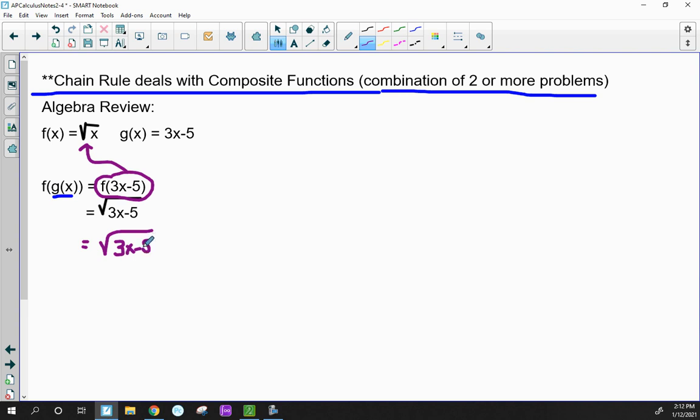Okay, so f of g of x. Also recall from Algebra 2 that there was another notation we used. Sometimes the ACT does this as well. So when you see that notation with a little circle, almost like a degree symbol, that also means compose or composition.